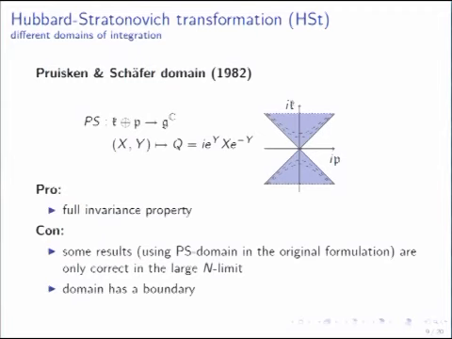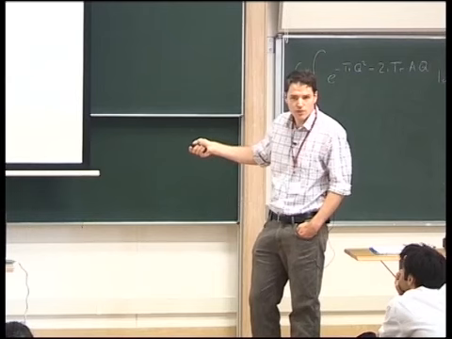This domain of integration has a full invariance property, but they did not give a rigorous proof of this, and it turned out that there are some problems with this domain of integration, so that the results you get are in some cases only true in the large n limit.